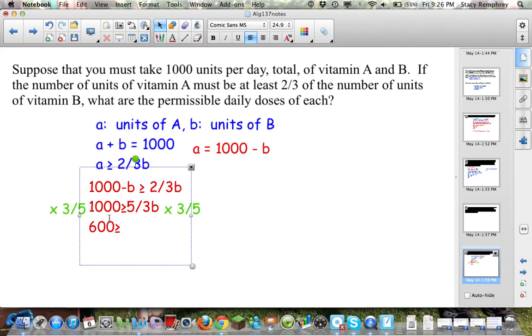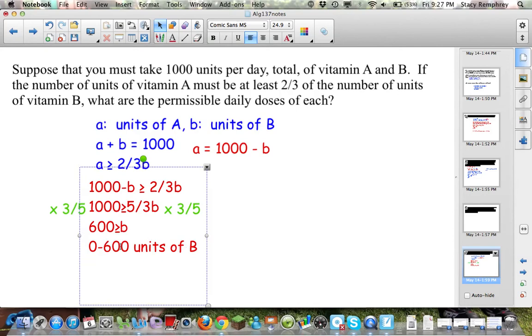And the B's, the 3 and the 3 will cancel, the 5 and the 5, so I get B. So the permissible daily doses, I know B has to be less than or equal to 600. So the permissible doses for B would be anywhere from 0, it's the smallest amount you can take, to 600 units of B.